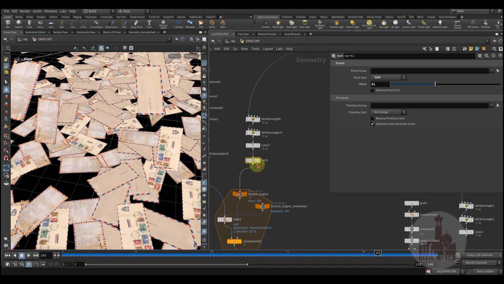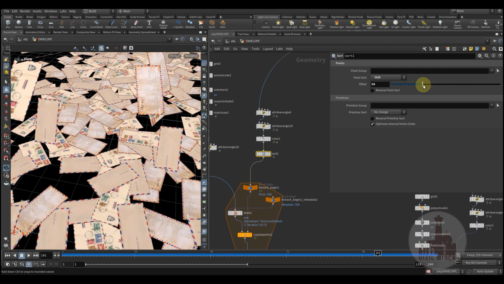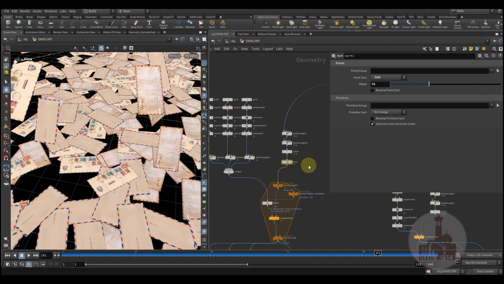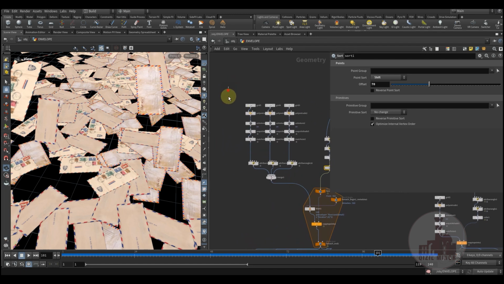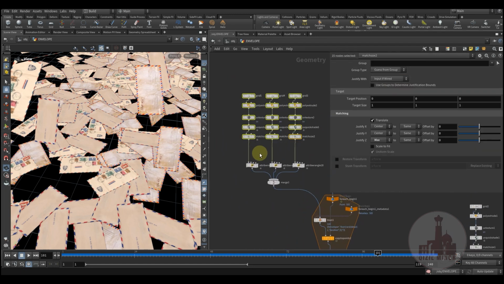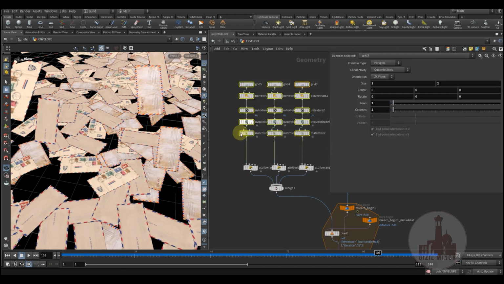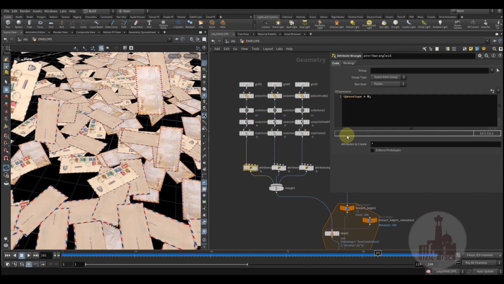It works as a seed value in this case. So here, as you see, I have three types of envelopes, and I'm adding an envelope attribute to each of the envelopes.